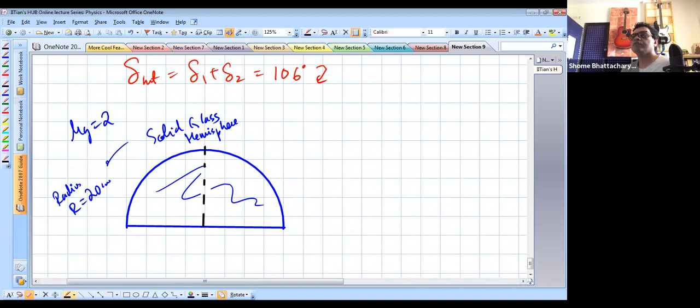Now we have, so these two lines are at 45 degrees.